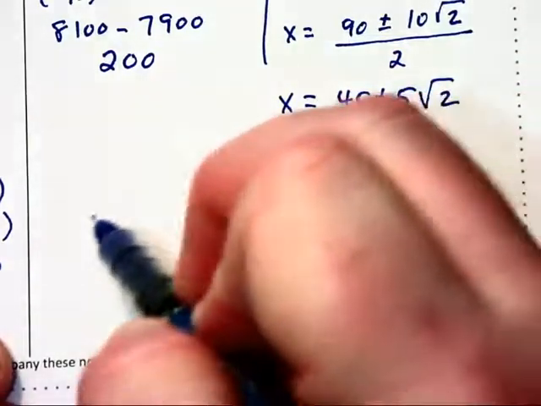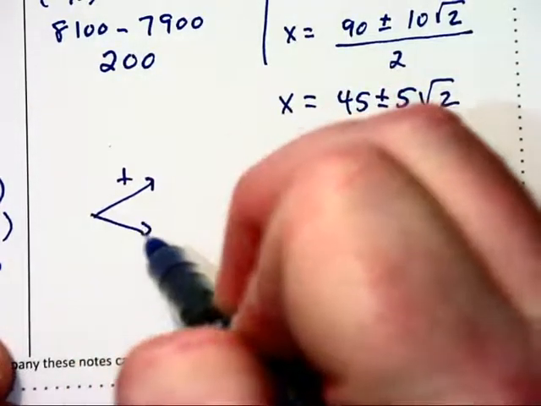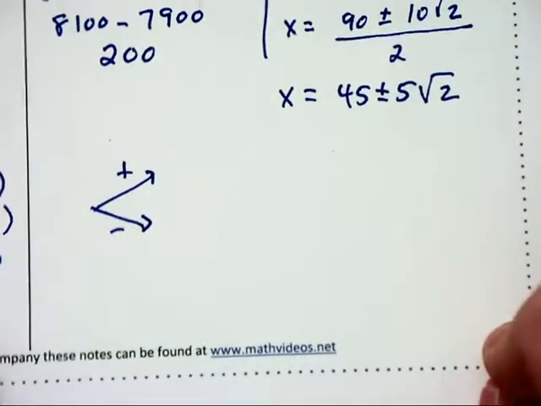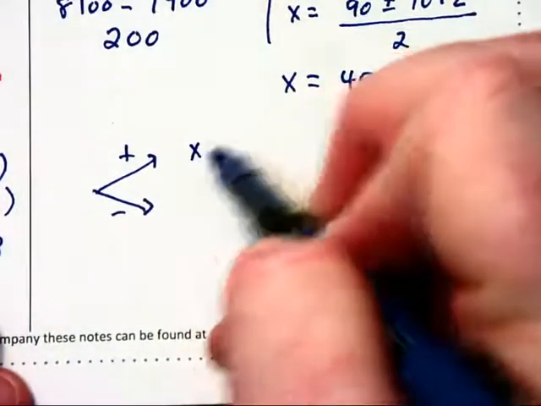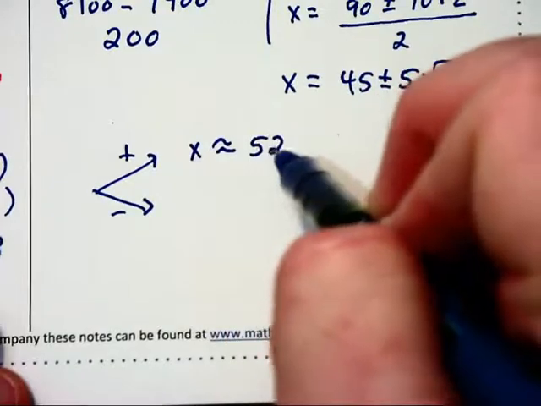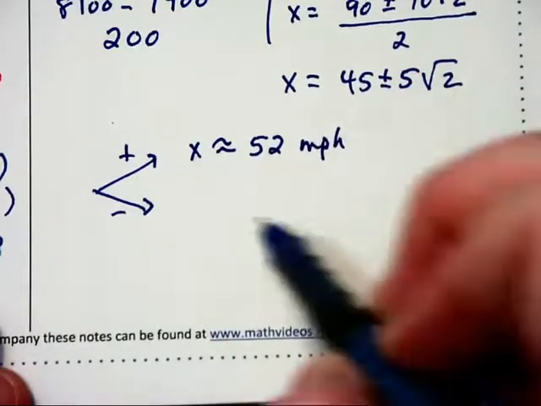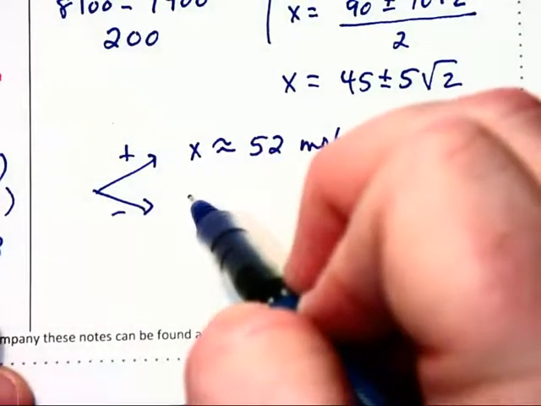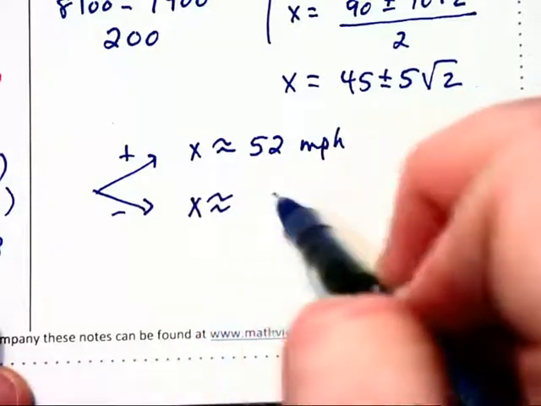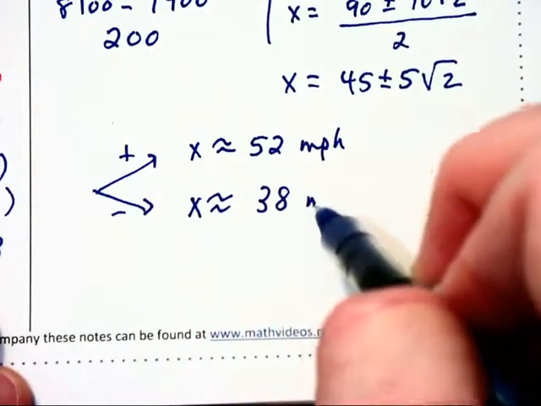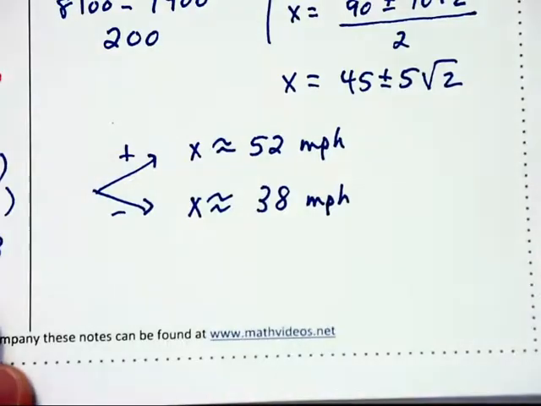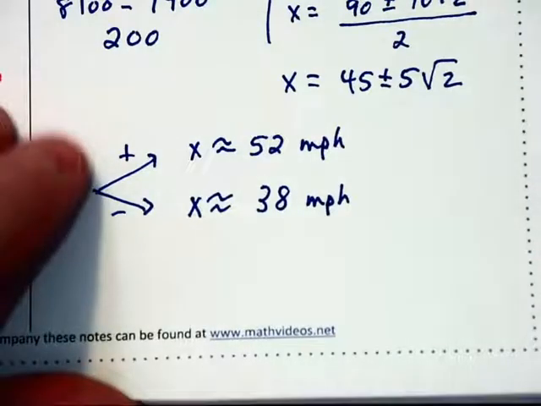So we have two choices, add or subtract. If we add, we find out that x is approximately 52 miles per hour, and if we subtract, we find out that x is approximately 38 miles per hour. Now I had to use a calculator to get to those two values.